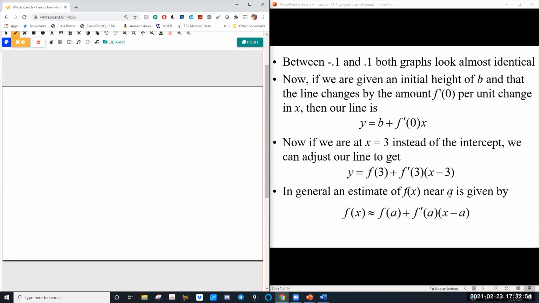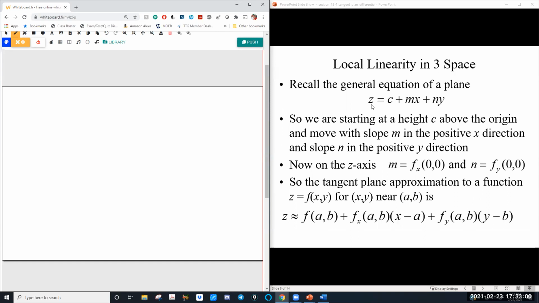So let's talk about the relationship in 3 space, because we talked about planes before. Remember, a plane would be a constant plus m, which is our slope in the x direction, and n, which is our slope in the y direction. Well, m is our partial with respect to x, and n is just our partial with respect to y. Okay? So we have one extra step for doing a tangent plane than we did a tangent line.